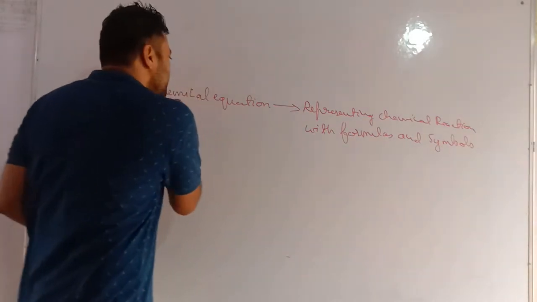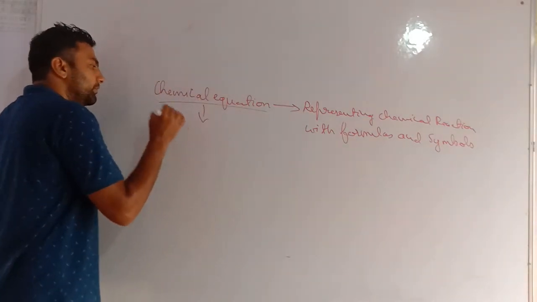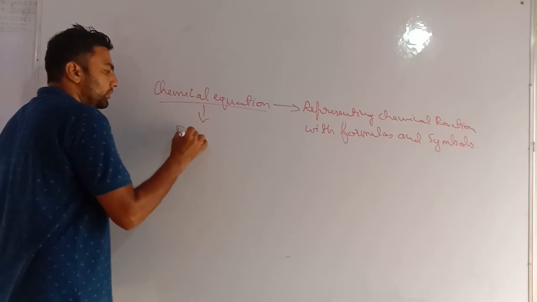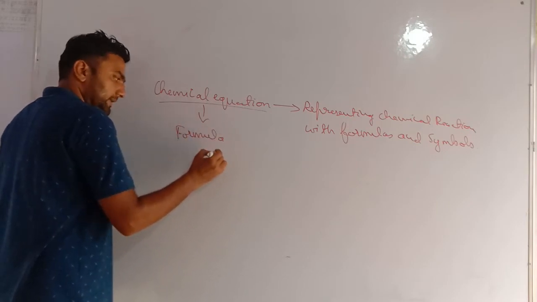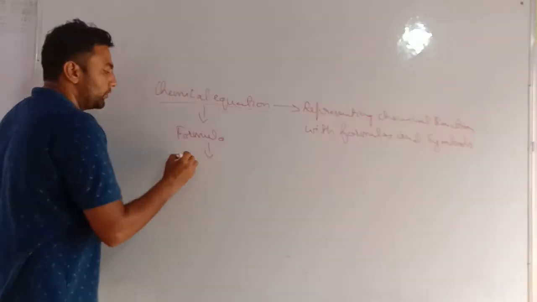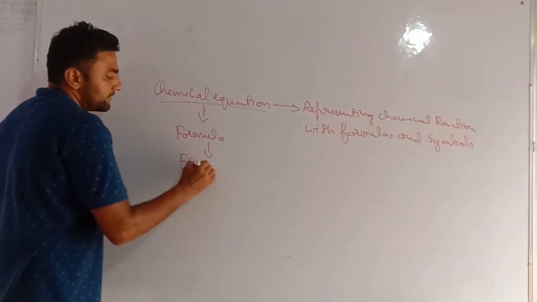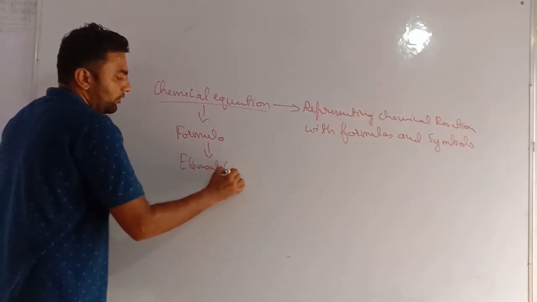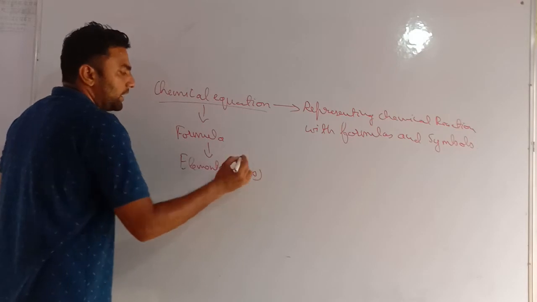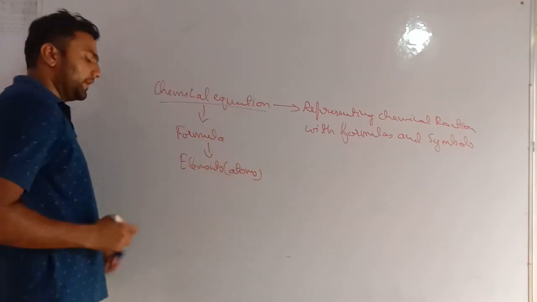A chemical equation is very helpful. Why? Because by this I get to know the formula of reactants and products. I also get to know which elements and how many atoms are taking part in this chemical reaction.